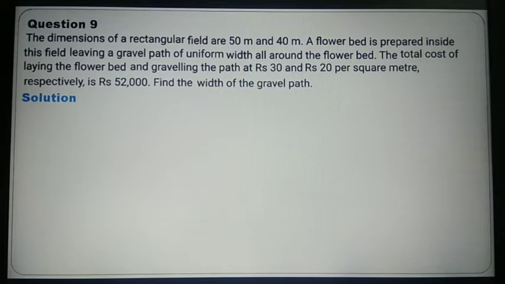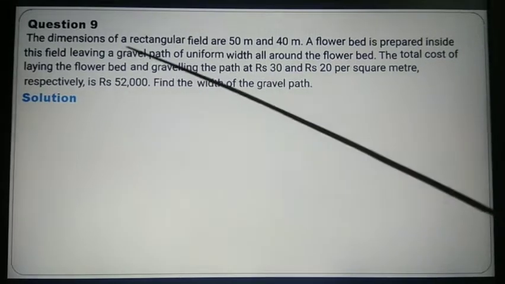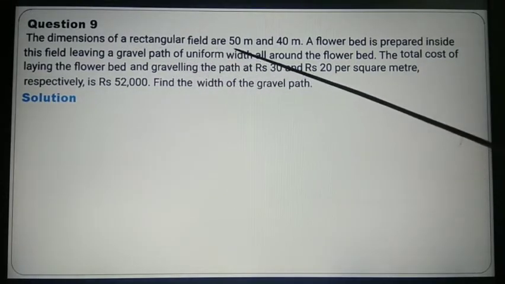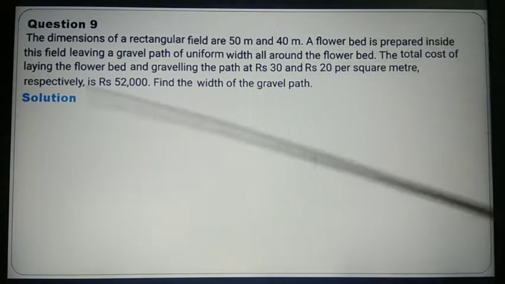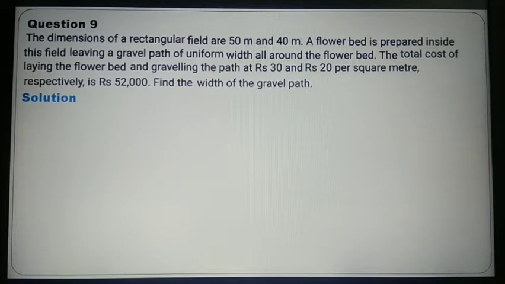Let's read the question very carefully, because from today whichever sums are being done here, they are quite tricky. So let's pay attention to the question well. It is given the dimensions of a rectangular field are 50 meter and 40 meter. So there's a rectangular field. You can take the screen to be the field, and this length is given to be 50 meter and this breadth is given to be 40 meter, right?